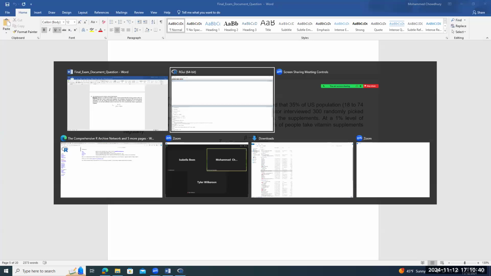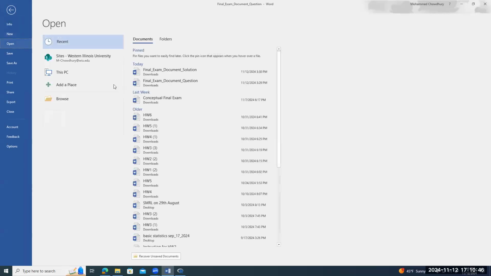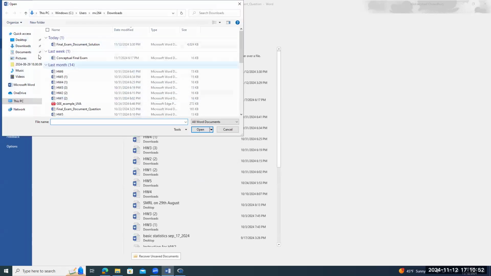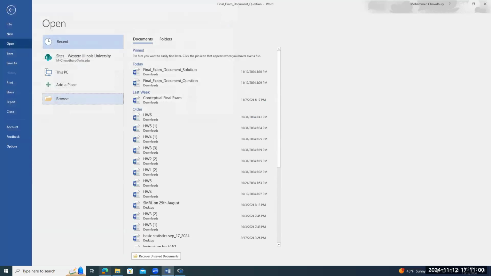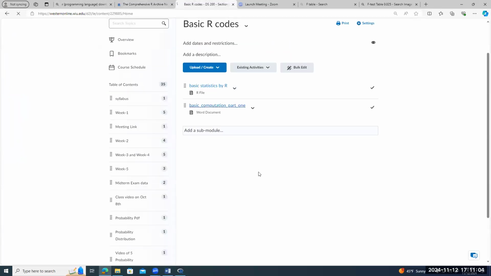Now see, this document I also uploaded. Let me see, where is that document? Let me go and file, open, browse, downloads. Oh, I did not download it. But it is somewhere in there. Let me go there.